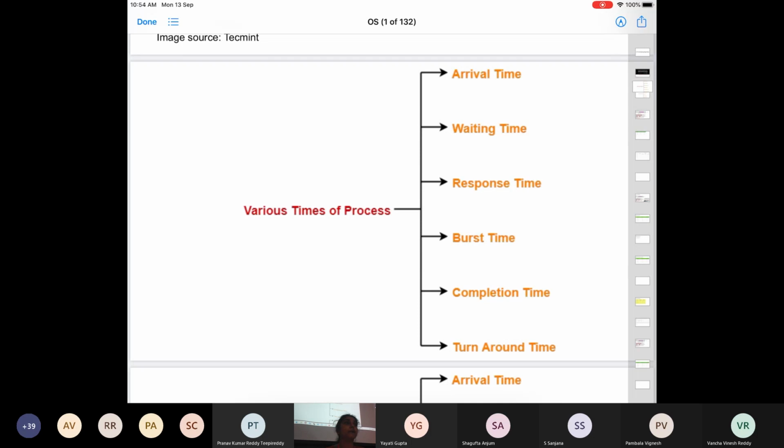How will you choose one? Choose the one with the least burst time. What it means is I will look at how much time a process needs to execute on the CPU. Maybe one process requires 10 seconds, another requires 100 seconds. So maybe I choose the one which requires 10 seconds.